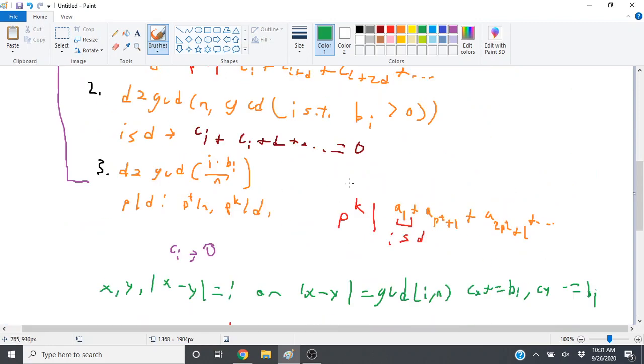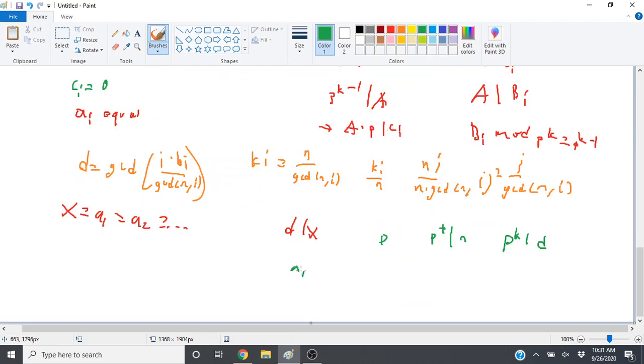Then the sum we're interested in for condition 3 is a1 plus a p to the t plus 1, etc., which is equal to n over p to the t. That's the number of elements we have. And then because all the elements are x, it's just that.